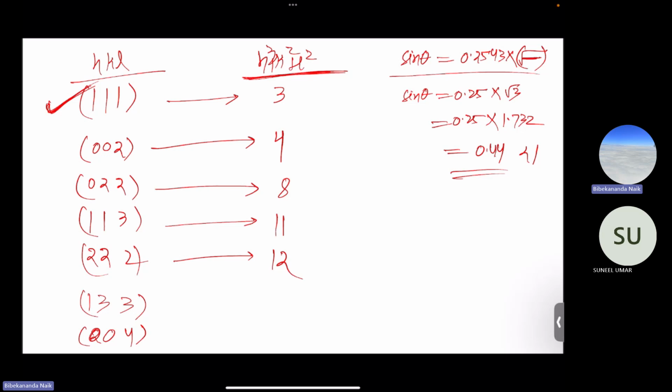This is called the geometrical structure factor.